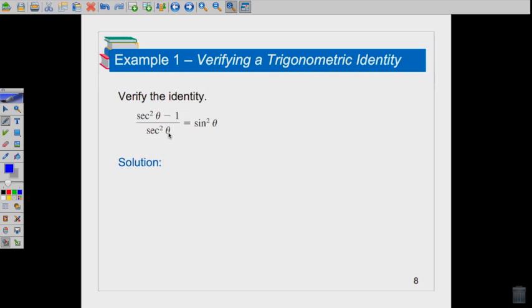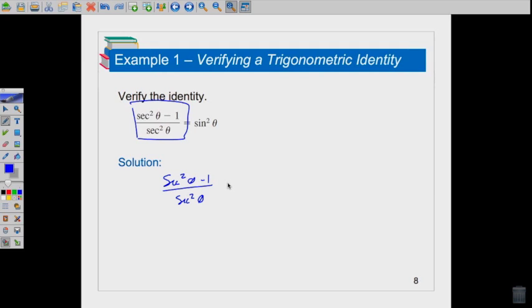Alright, so what I am going to do here is just look at this: secant squared of theta minus 1 over secant squared of theta. So what can I do to try and mess with this thing?